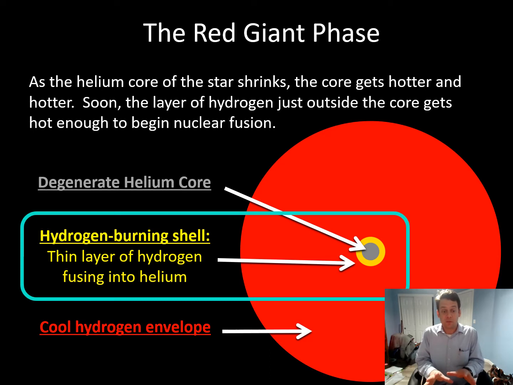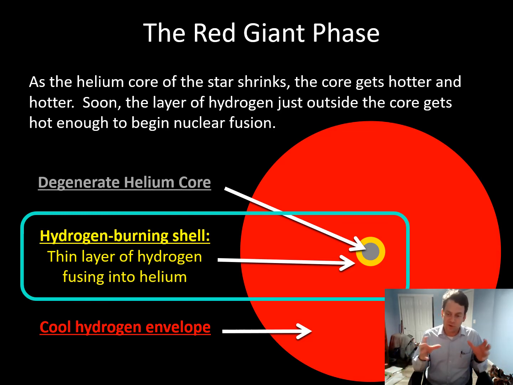So now we're going to spend a little bit more time digging into this core, because if you haven't gotten the sense yet, most of the interesting stuff, or maybe the most interesting stuff that goes on in the star is going on in the core, right? Because throughout all of the star's lifetime, the majority of the volume of the star just hangs out.